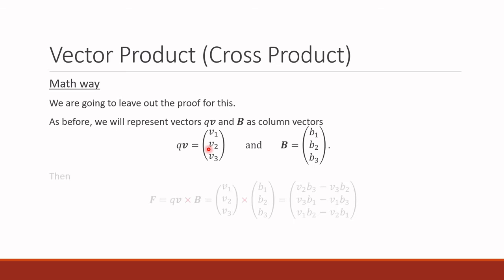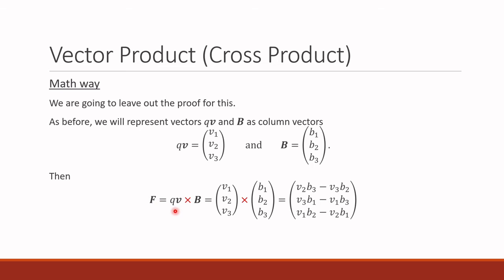The maths formula says that you can take the velocity vector cross the magnetic field vector. So how does the cross formula work? It follows like this. I will describe how you can remember this in the next slide.